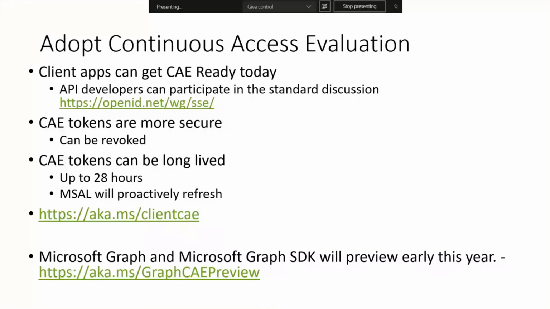Now, again, the nice thing about these tokens with respect to resiliency is that when you use continuous access evaluation, we can issue a token because it can be invalidated. The life of the token can grow to up to 28 hours. So instead of having you come back to the system every hour for a new access token, which in a normal working day means going 8 times for someone who's using your app all day, now you only have to go once, because that token's good for their entire working period or a full 24 or 28 hours of the day.